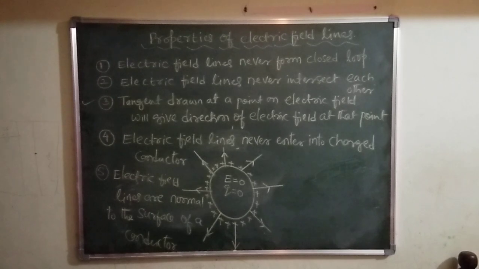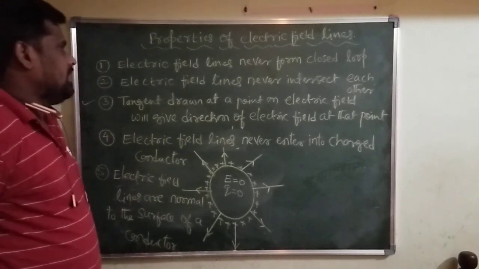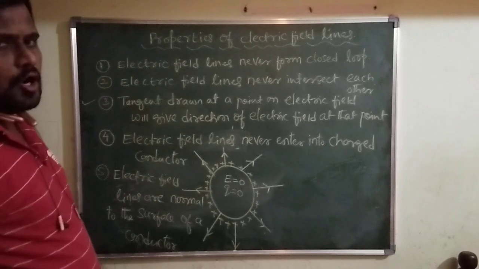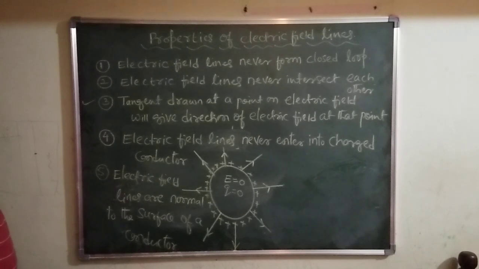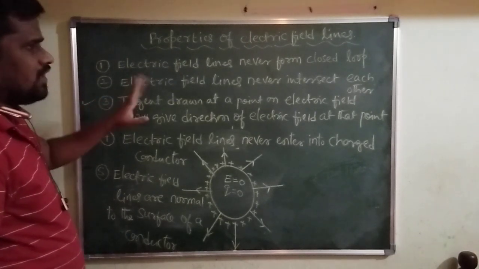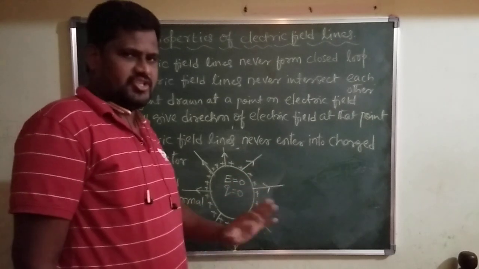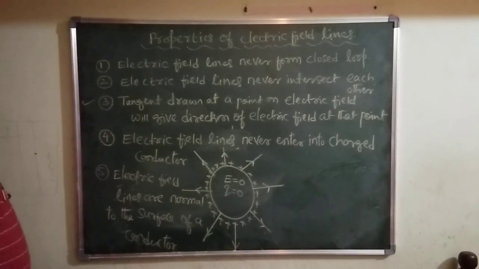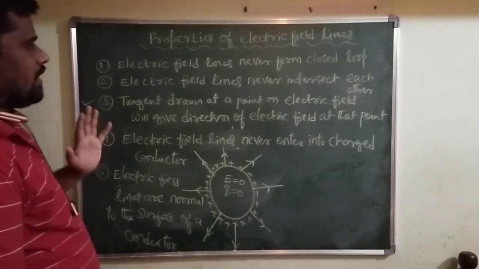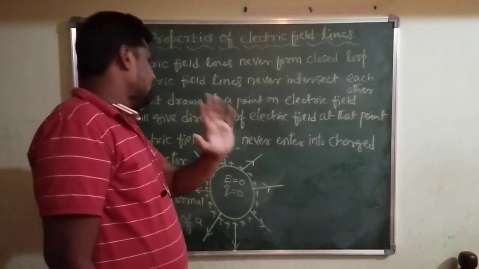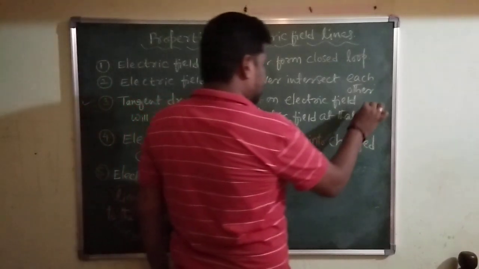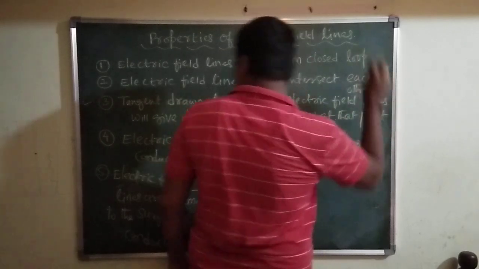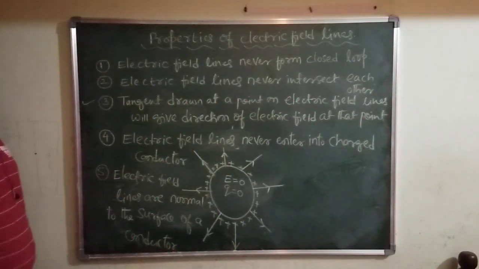We'll write together. What is the first property? Electric field lines never form closed loops. Second property, electric field lines never intersect each other. Third property, a tangent drawn at a point on an electric field line will give the direction of the electric field at that point.